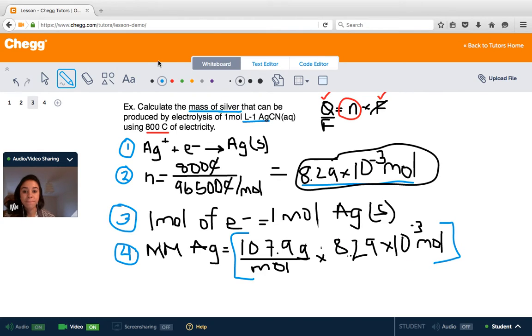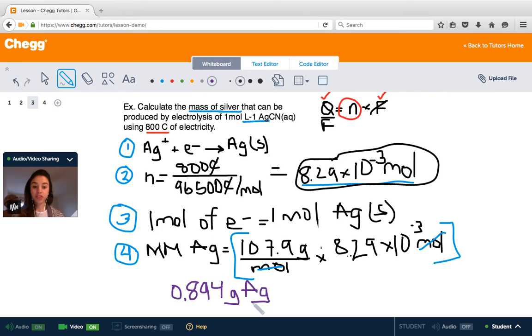Okay, so you see that the units cancel. We're left with the grams, and our grams are 0.894 grams of silver. Okay, so this is our answer.